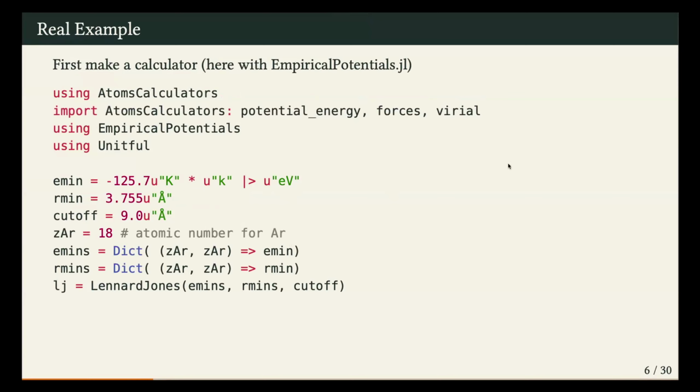This is now a working example. Here we are just building a Lennard-Jones calculator for argon, very basic stuff. You can use it with the empirical potentials package, which shows how you build the calculator. You just give the Lennard-Jones parameters.